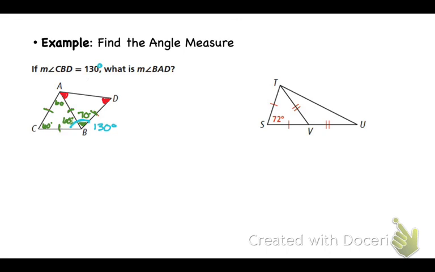So how am I going to figure them out? 180 minus 70 gives you 110. So is it 110?